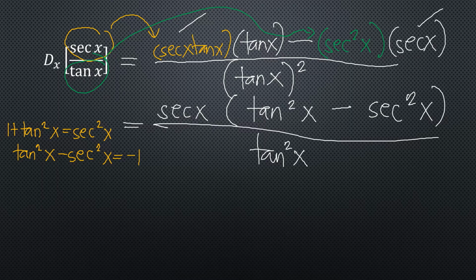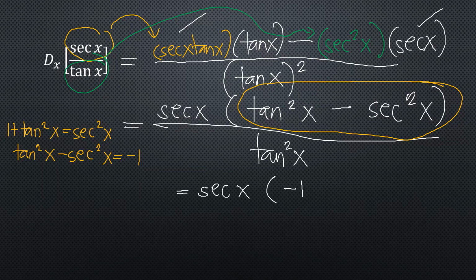It's just a matter of moving the position. Therefore, we can substitute or replace tangent squared x minus secant squared x with -1. So we have secant x times -1 over tangent squared x.